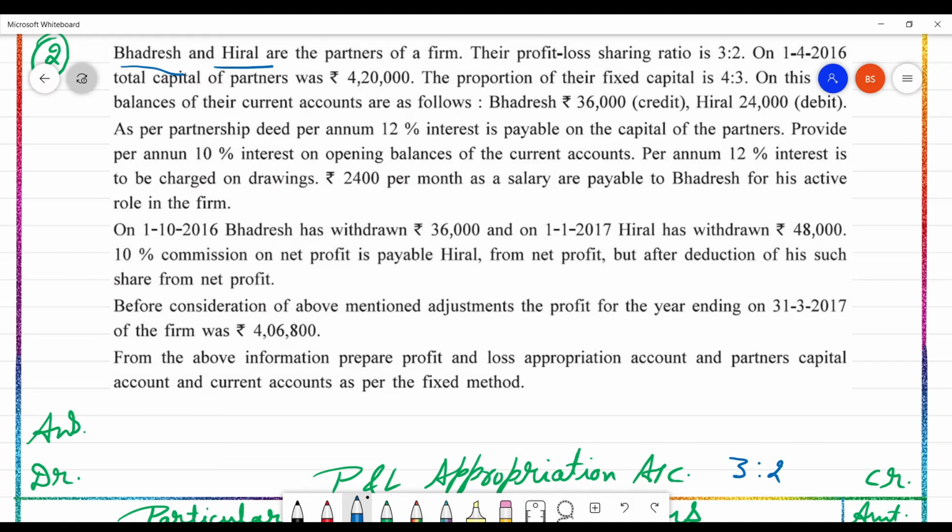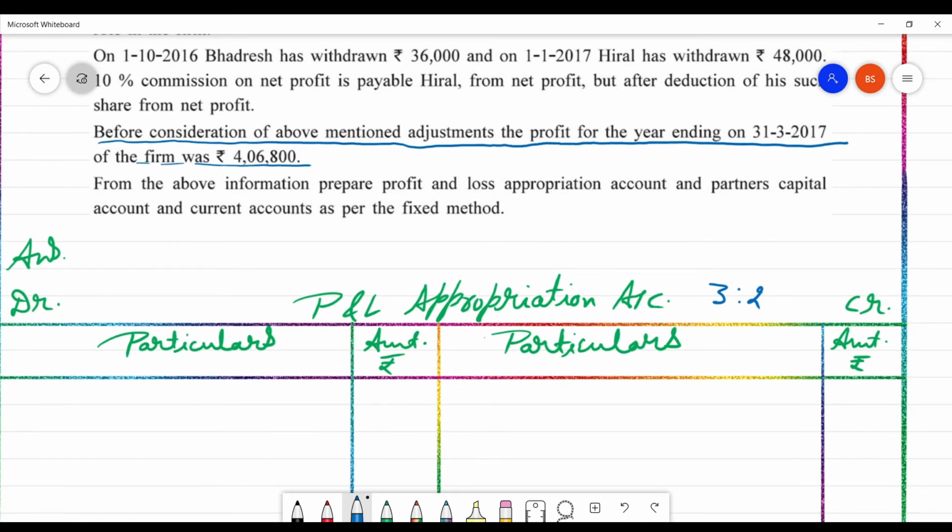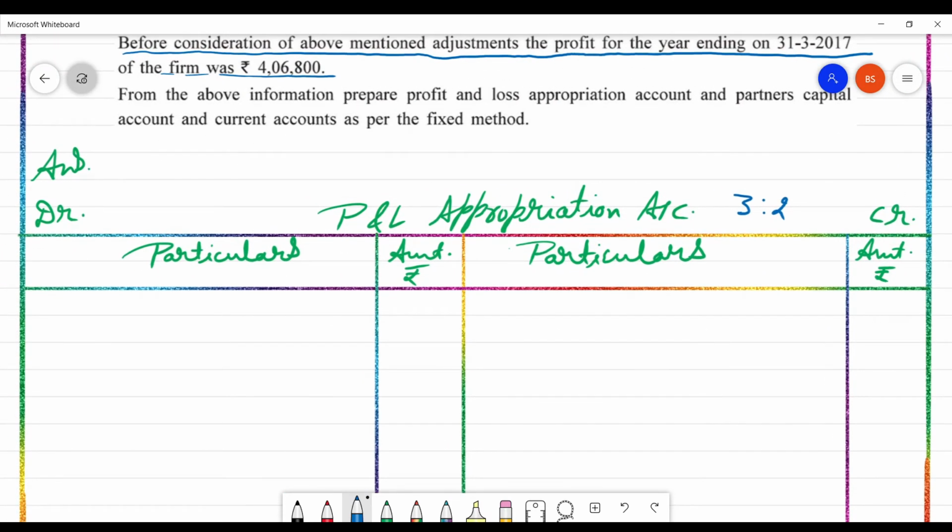But before putting the capital balance, we have to find out the net profit which is given at the end of the sum. So you can read that before consideration of above mentioned adjustments, the profit for the year ending on 31st March 2017 of the firm was 4,06,800. So we will write down it in the credit side of P&L appropriation account by net profit.